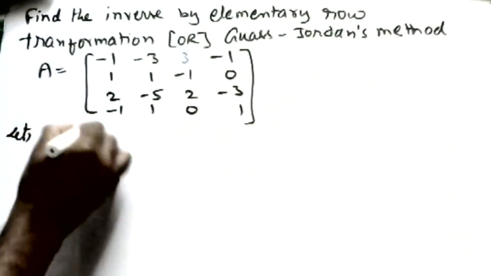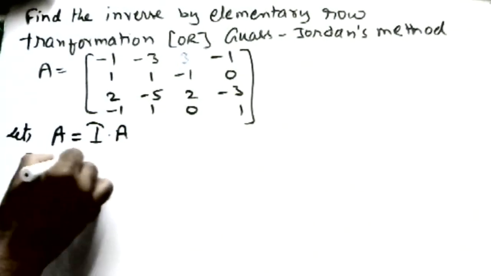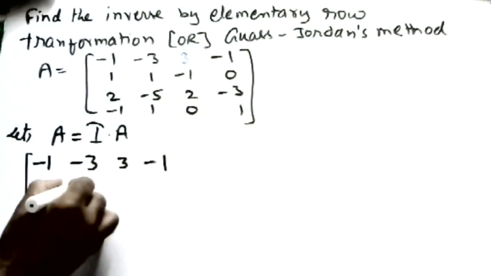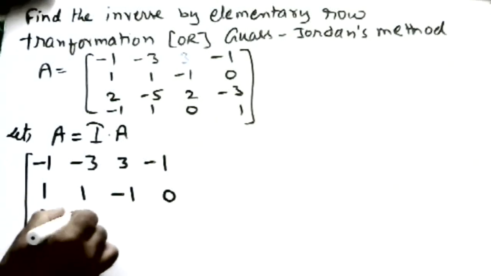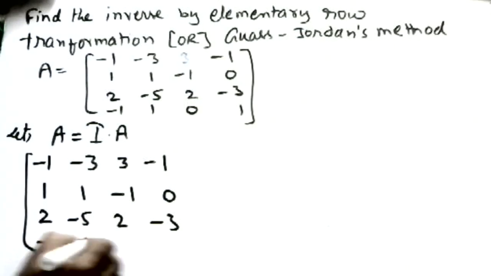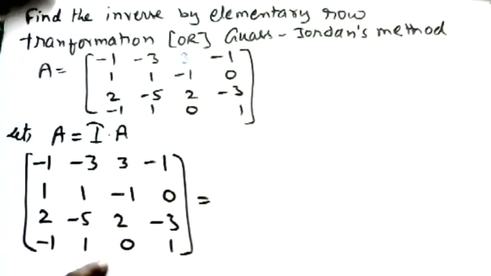Just as I explained, let me start like this: A equals I into A. Now I'm writing A. The value of A is the 4 by 4 matrix -1, -3, 3, -1, 1, 1, -1, 0, 2, -5, 2, -3, -1, 1, 0, 1.